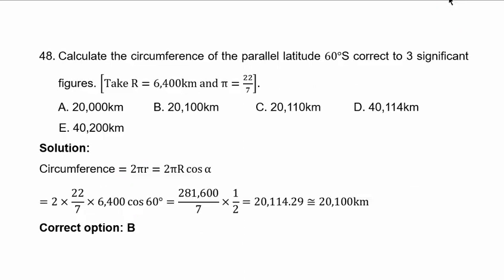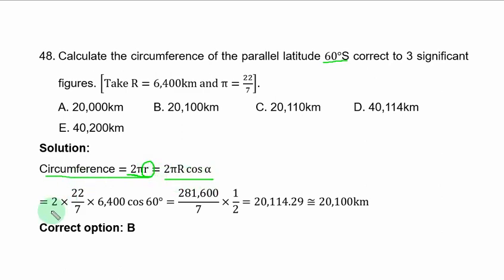Question 48. Calculate the circumference of the parallel of latitude 60 degrees south, correct to 3SF. Solution. Circumference on its own is 2 pi r. Now, for a parallel of latitude, the radius is the radius of the earth times cos alpha. So if you replace this small r by the product of the radius of the earth and cos alpha, circumference becomes this.